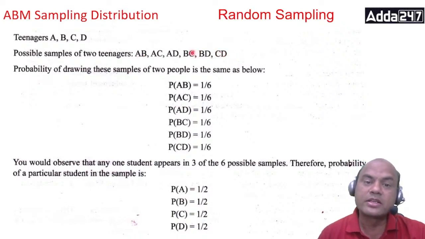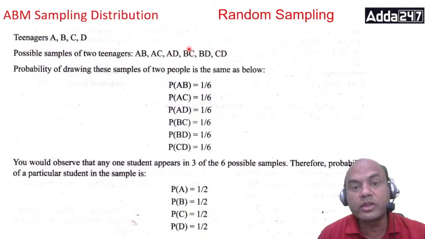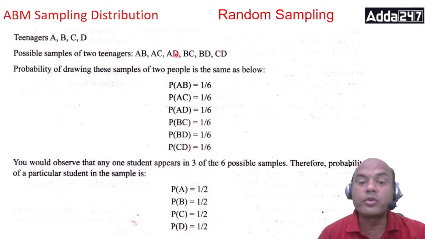Then what is the chance? Suppose I want to select BC. Out of these 6, BC can be selected in only one way. So look at this. Probability of BC is 1 by 6. Similarly, CD can be selected in only one way. So for any group, the probability is 1 by 6.